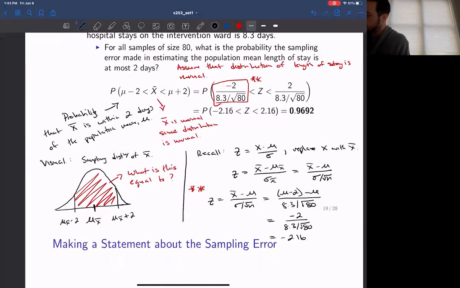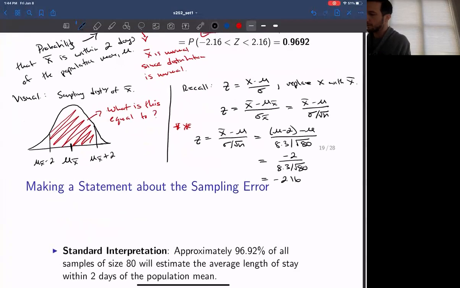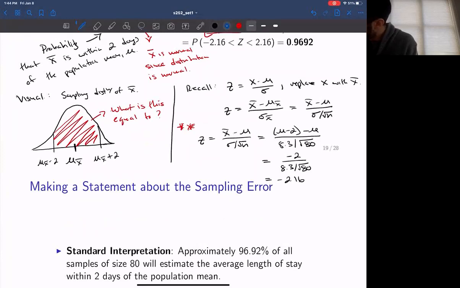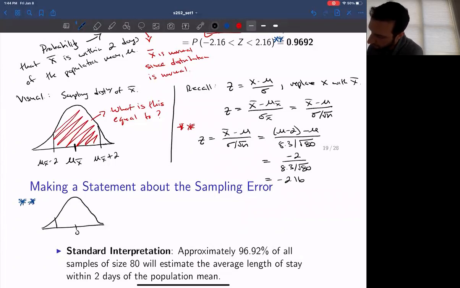So if I return to the normal table here, I'm going to just take this part. What I have boiled this down to now is a standard normal curve. I have negative 2.16 here and 2.16 here, and I want the following area. These two areas are the same size: the area between negative 2.16 and 2.16, and the area between mu minus 2 and mu plus 2.